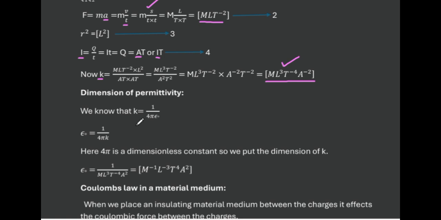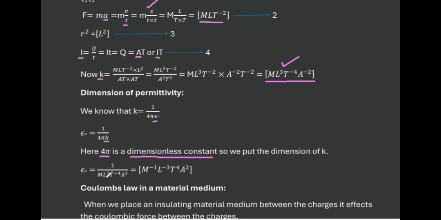K is equal to 1 divided by 4 pi epsilon naught, so epsilon naught is equal to 1 divided by 4 pi K. Here 4 pi is a dimensionless constant, which means this constant has no dimension. So we put the dimension of K directly here.